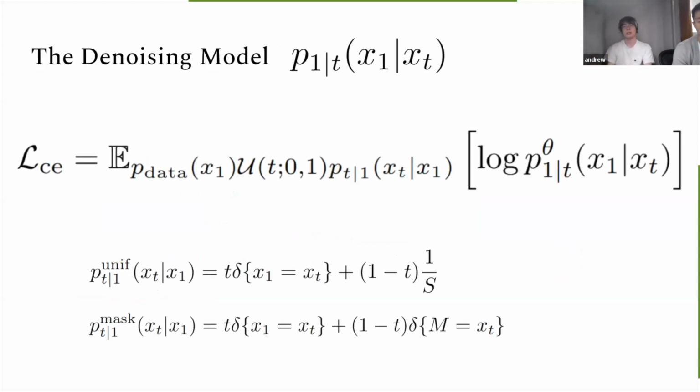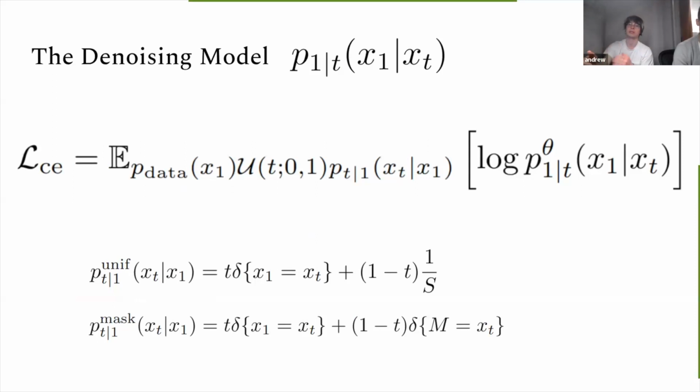So to get the denoising distribution, we're going to learn that with a neural network. It's just the cross entropy loss, which is very similar to language modeling. To train it, you would sample data points. You would then sample a time level between 0 and 1, and then you would corrupt that data point using the conditional marginal distribution that you defined at that time t.